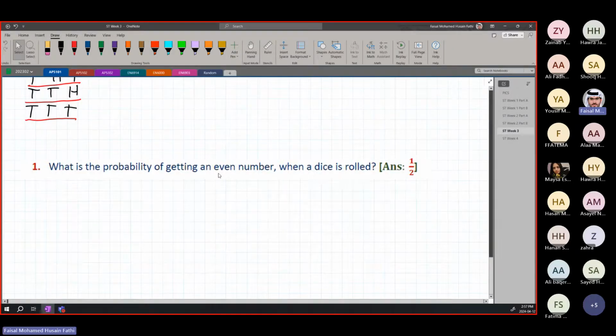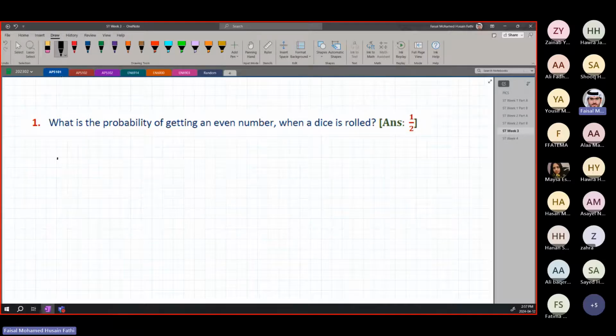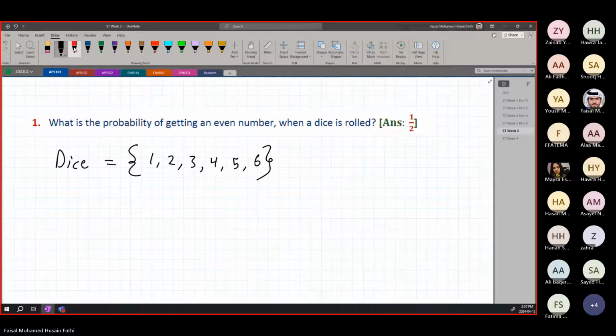The first question says, what is the probability of getting an even number when a dice is rolled? So remember, a dice has 6 sides, right? The sample space of the dice can be 1, 2, 3, 4, 5, or 6. Now, what are the even numbers we have? We have 2, we have 4, and we have 6. So we have a total number of 3.